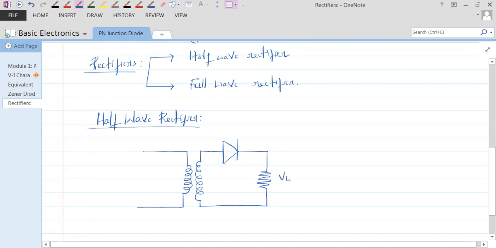So this is the load. This is load resistor RL. Plus, minus. And this is the diode. And here, what you're seeing is the transformer.